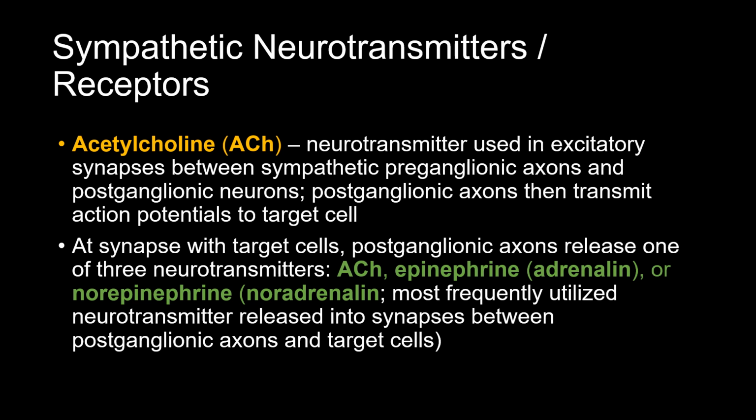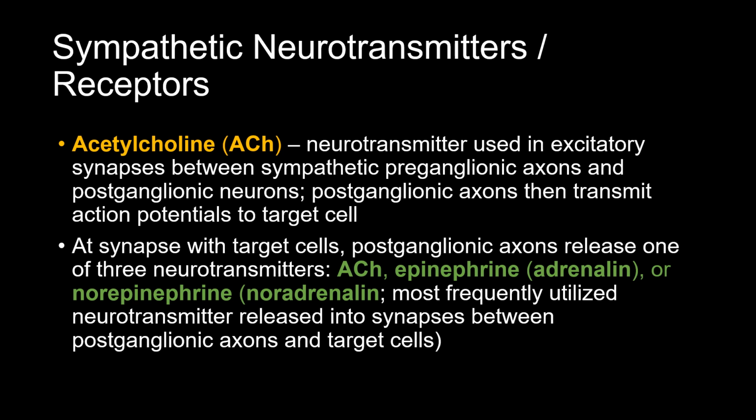And the unmyelinated axons of the postganglionic neurons will then carry this message in the form of an action potential to their target cells. So at the synapse with their target cell, the postganglionic axon is going to release one of 3 different neurotransmitters. It could be norepinephrine, epinephrine, or acetylcholine.